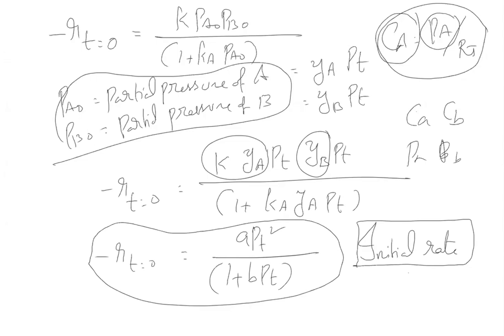For a vapor phase catalytic reaction, A plus B gives P, which follows Rideal mechanism, the reaction step is controlling.